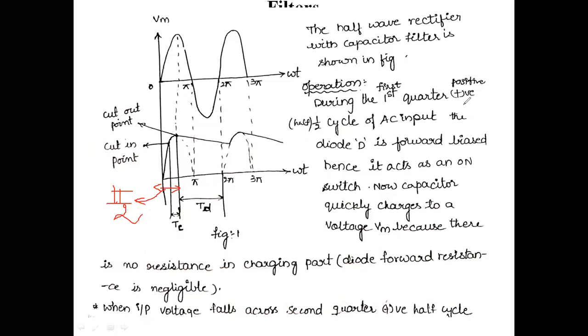During the first quarter of the positive half cycle of AC input, the diode D is forward biased. Diode D is forward biased, hence it acts as an on switch.